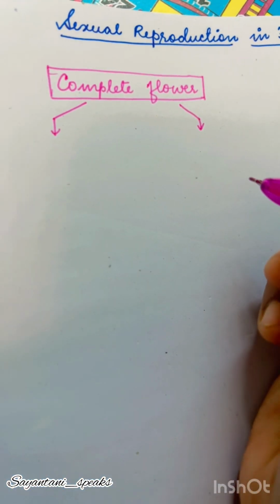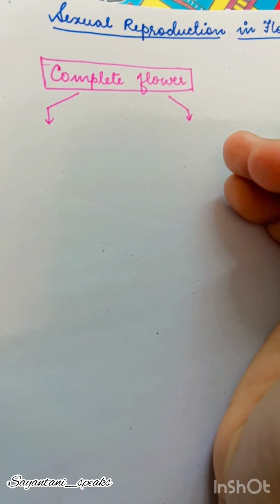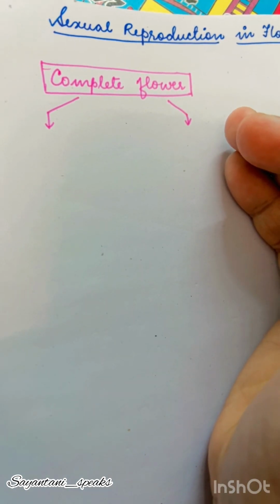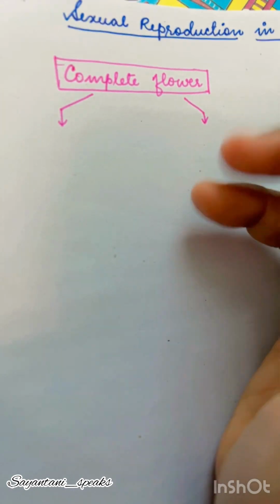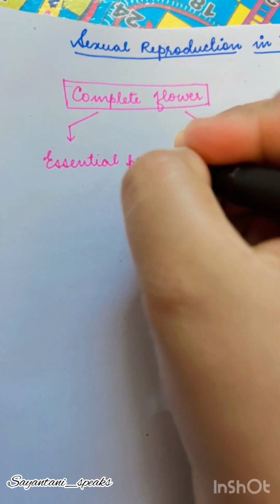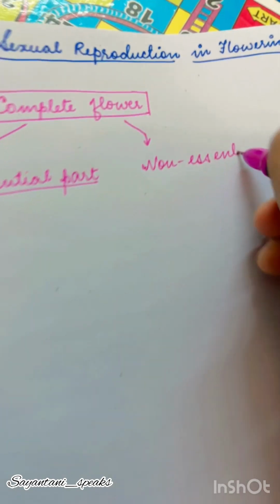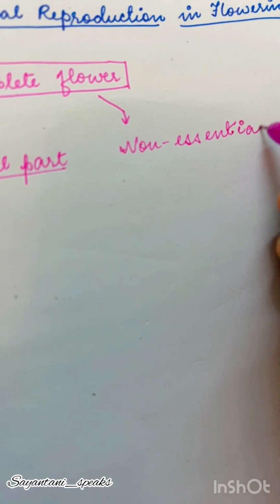We know that the four whorls of a complete flower can be classified into two: one which is the essential part of the flower, and the other one is the non-essential part of the flower.